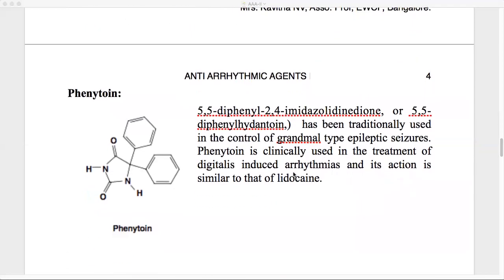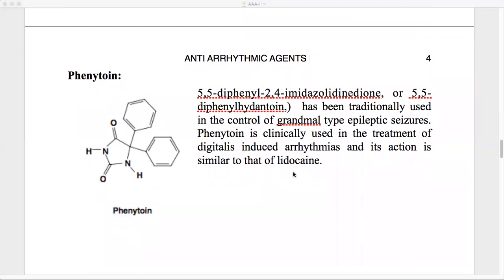The next drug in this class is phenytoin. It is 5,5-diphenyl-2,4-imidazolidinedione, or 5,5-diphenylhydantoin.